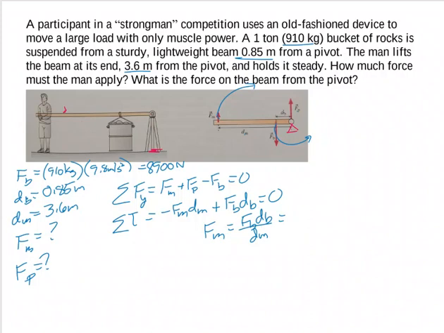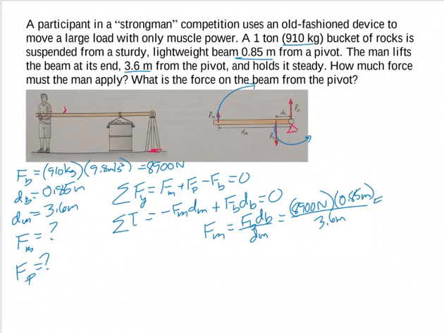So that is, we figured out 8,900 newtons times the distance of the bucket, which was 0.85 meters, divided by the distance of the man, which is 3.6 meters. Of course, meters divides out here, and I'm left with just newtons.